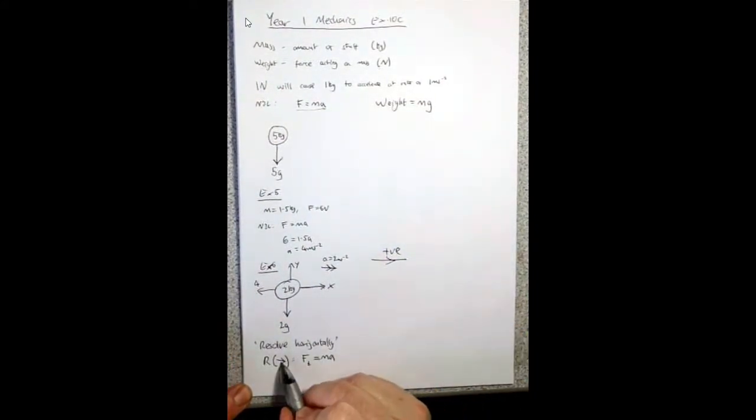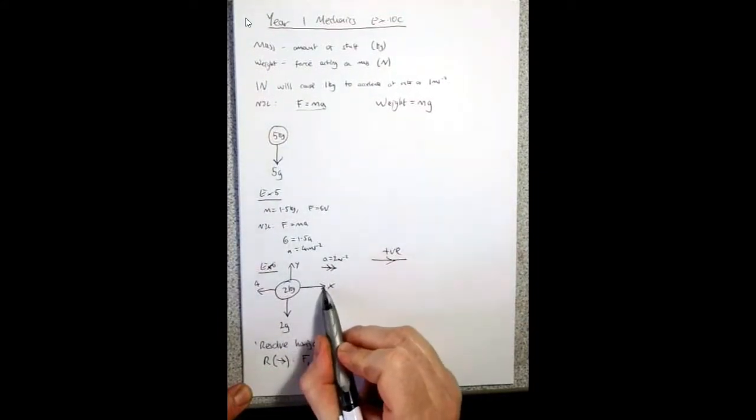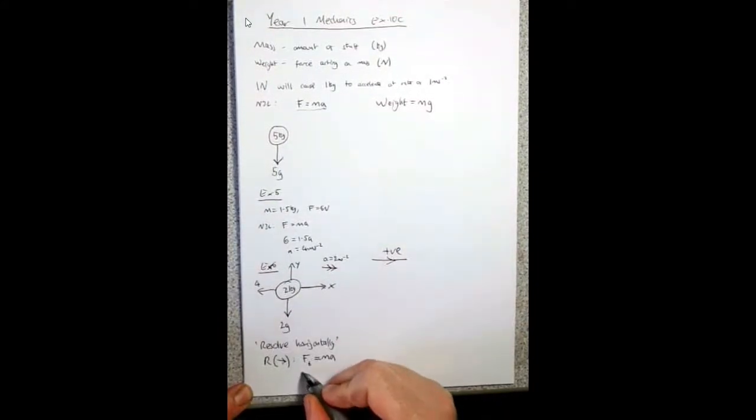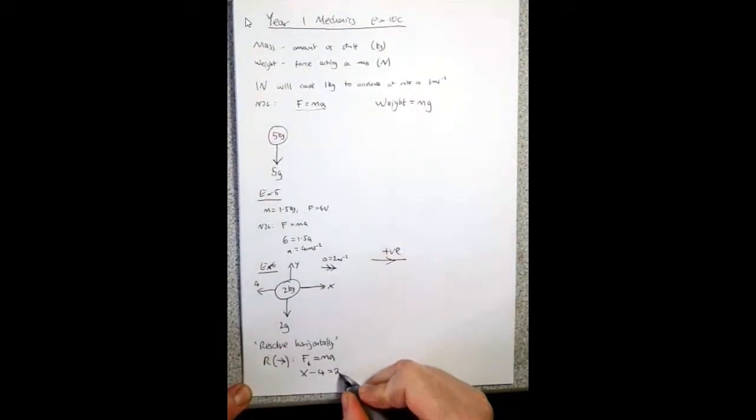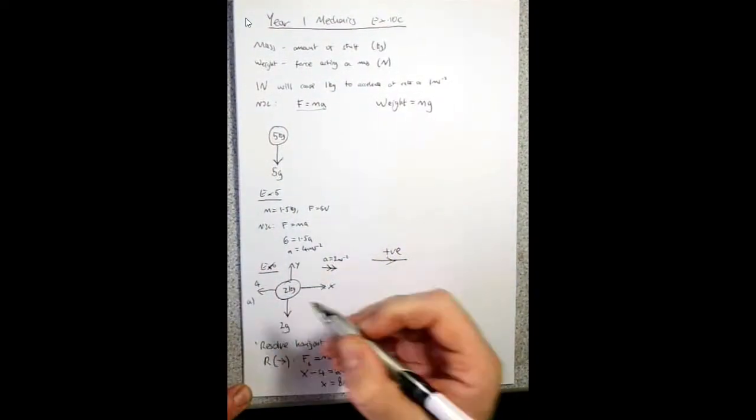F_T equals ma. Horizontally, I've got a positive force x and a negative force 4, so x minus 4 equals my mass times my a, so my force must be 8 newtons.